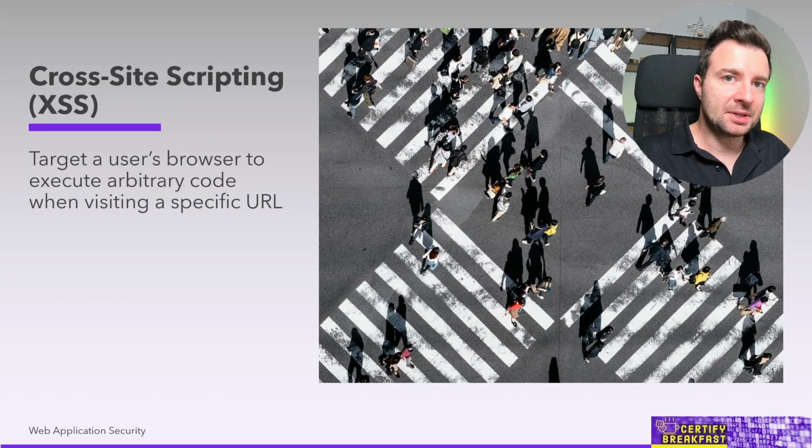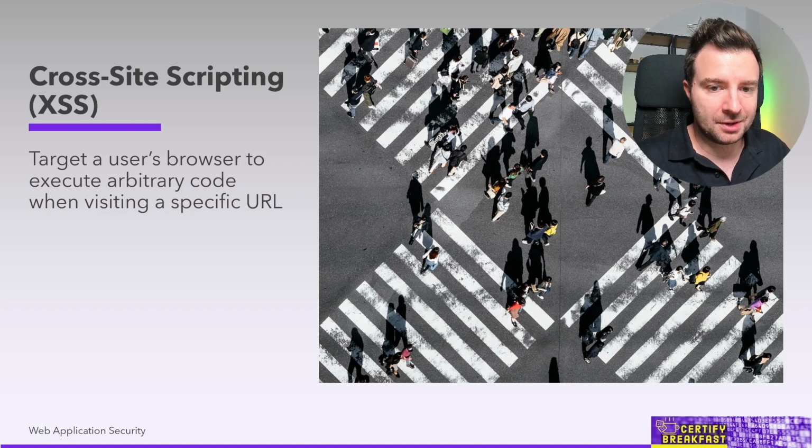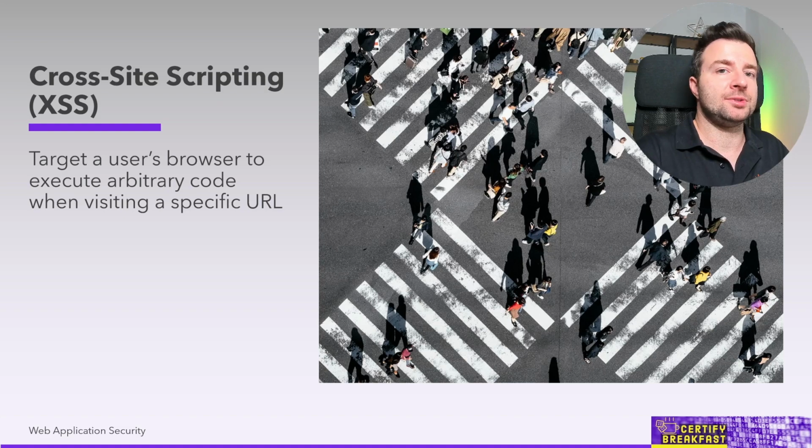Now, cross-site scripting is also one of the most common web application attacks out there, and it's basically a way to trick a user's browser into executing some piece of code whenever they visit a specific URL. As we all know, web pages are full of JavaScript code, full of code to be executed by the browser.